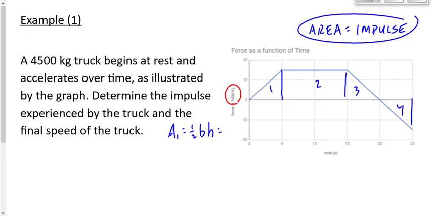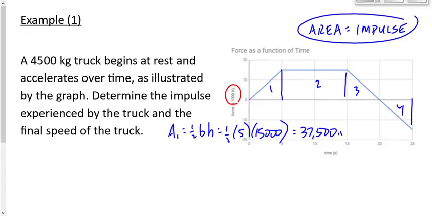The base is 5, yeah. What's the height? 15? No, it's not 15. What is it? 15,000. Don't forget that times 1,000, right? It's not 15 newtons, it's 15,000 newtons.